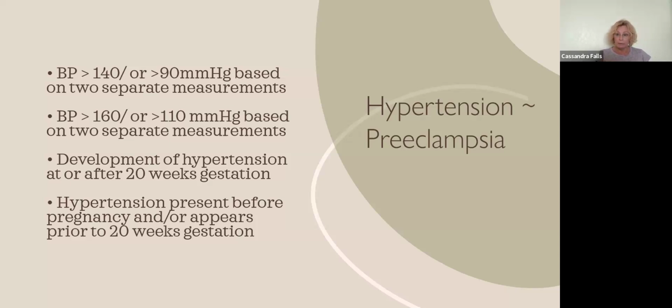So there's protein spilling over in the urine. You may see decreased platelets, and the terminology for that is thrombocytopenia. So you may see proteinuria, thrombocytopenia. You may see increased liver enzymes.